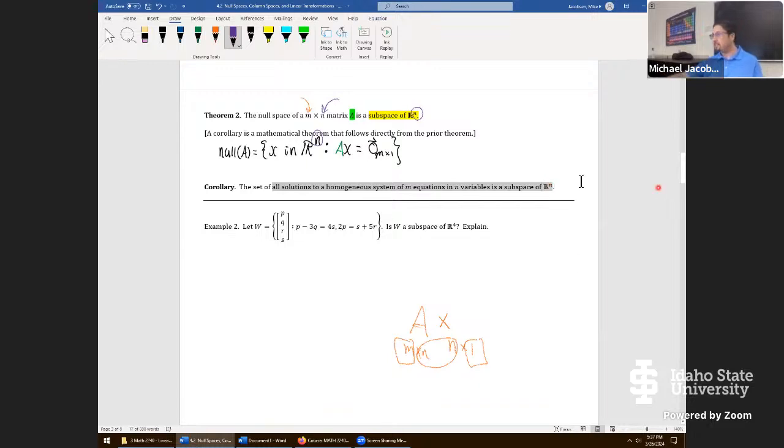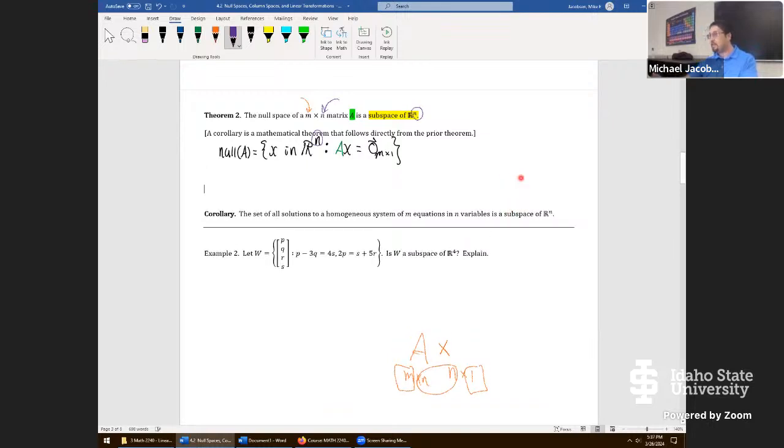That's a direct consequence because all that's happening in that corollary is we're taking a system of equations, here it is, in matrix form, but it'll be the same system of equations if we write them all out in this form. So this would be the ordinary system of equations.